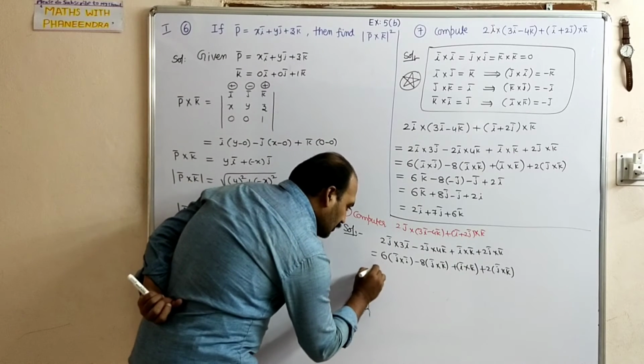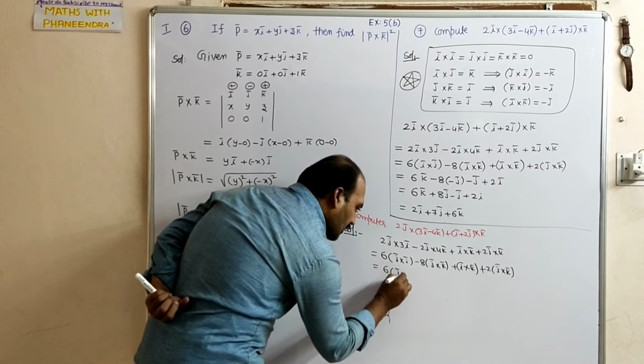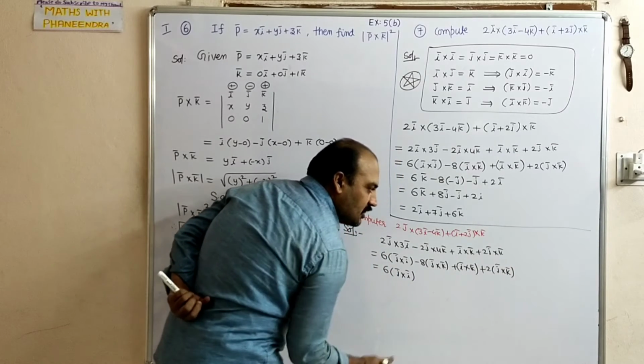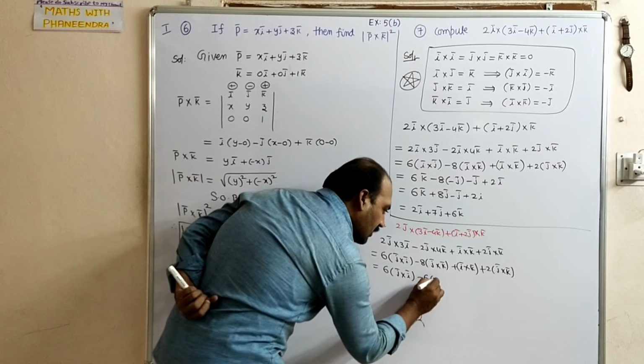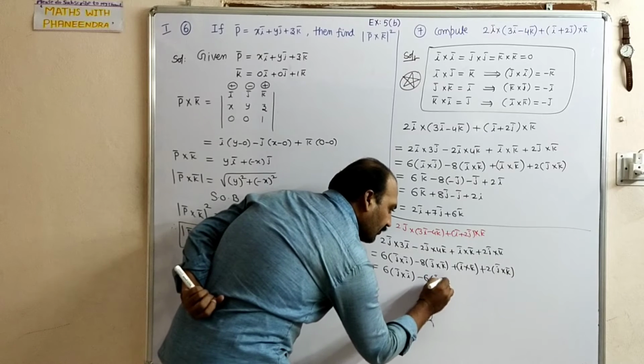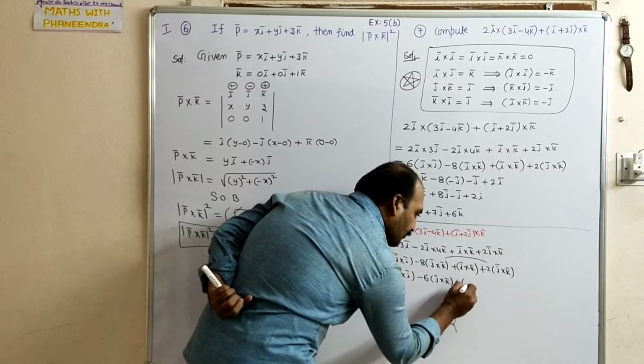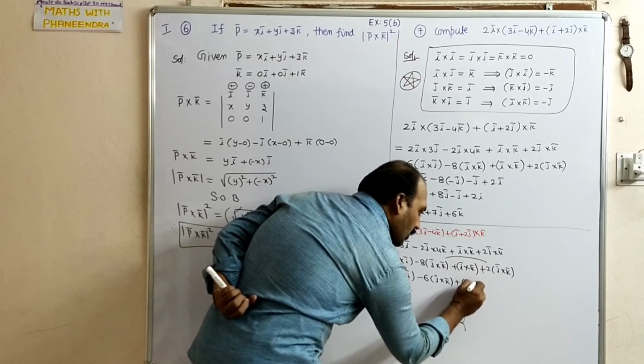So which is equal to 6 into j bar cross i bar minus 8 into j bar cross k bar plus 2 into j bar cross k bar. So these two terms I am taking, plus i bar cross k bar.